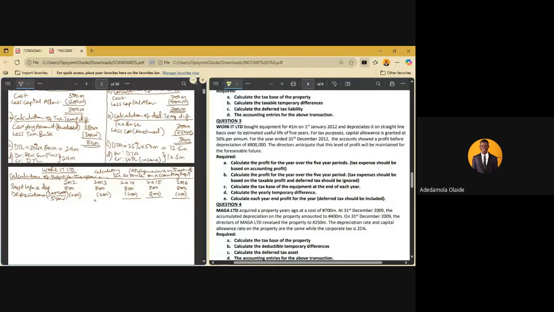So what do we have as the profit before tax? 400, sorry, it will be 600. Is it 400 or 600? Should be 600.